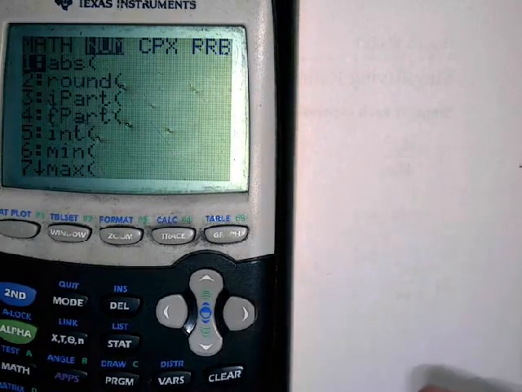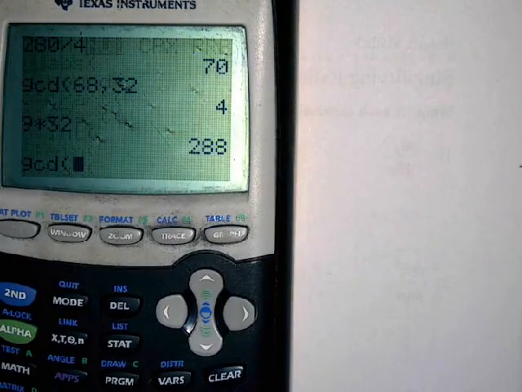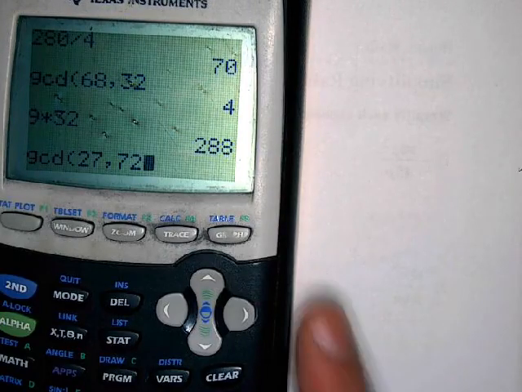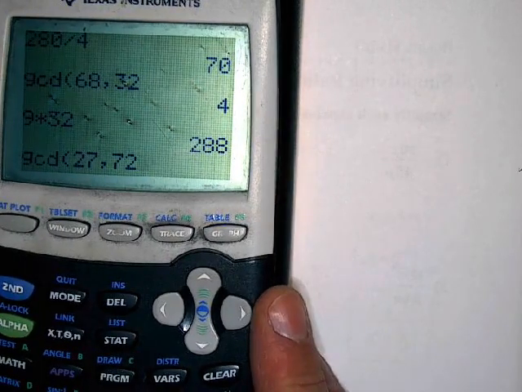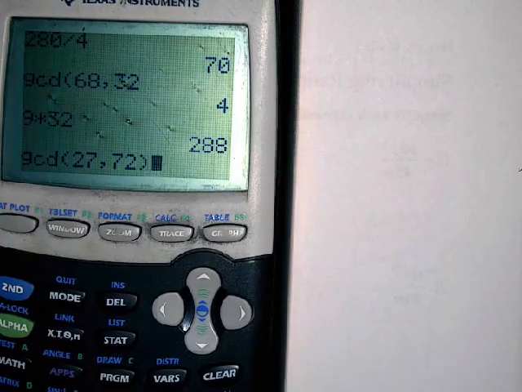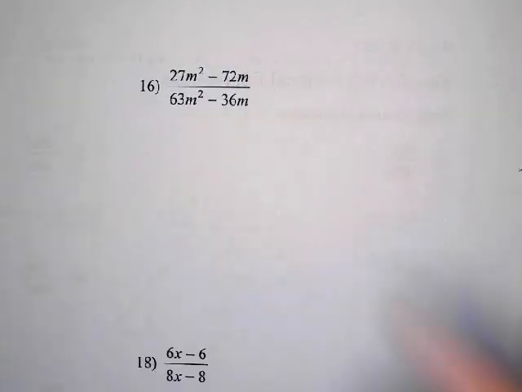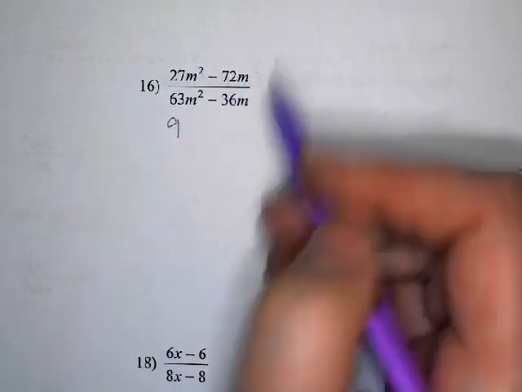And then 27, comma 72. Do you guys remember doing that at the beginning of the quarter? We did this. The calculator will tell you what the GCF is. It's 9. Okay, 9. What's the GCF between m squared and m? M, okay.